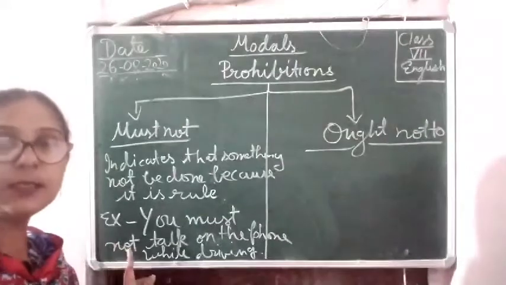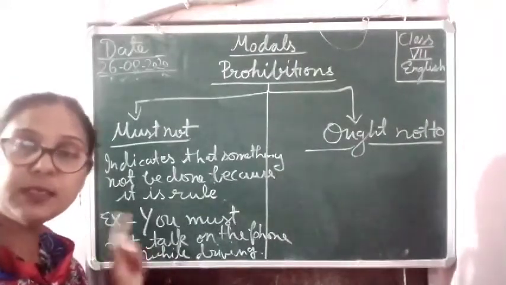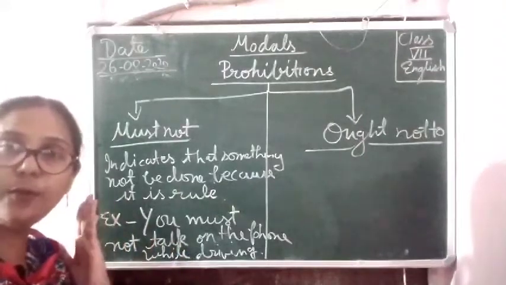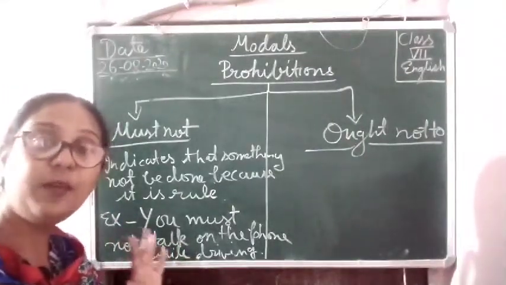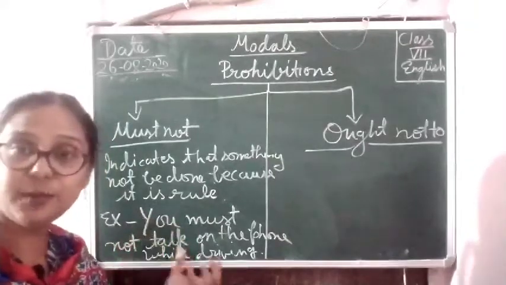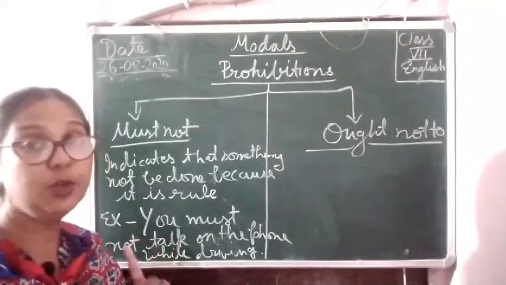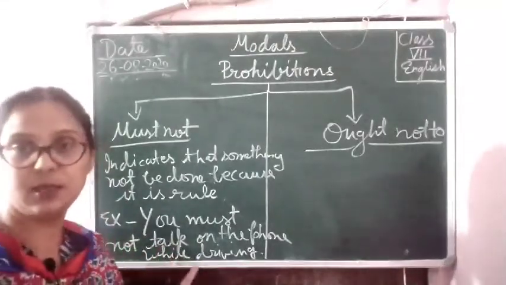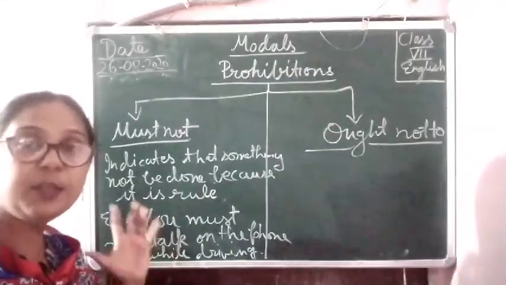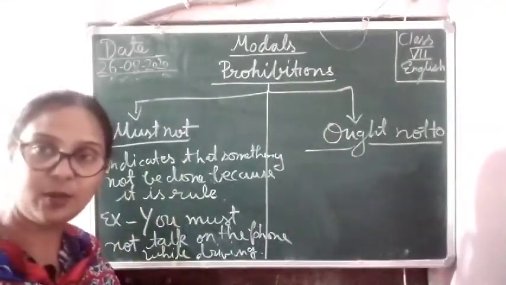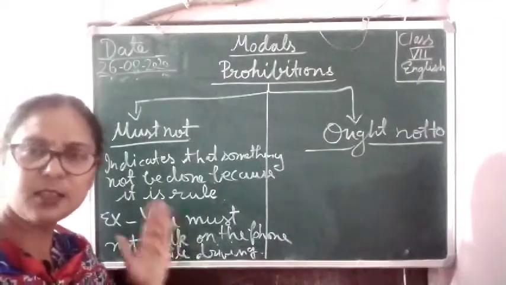So this is the prohibition that you must not use your phone while driving a car or motorbike or anything. So there is a rule. So you must not use this. So this type of rule can be shown by must not, because it's a strict prohibition.